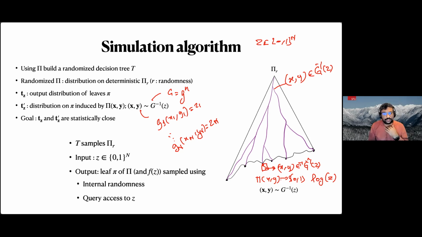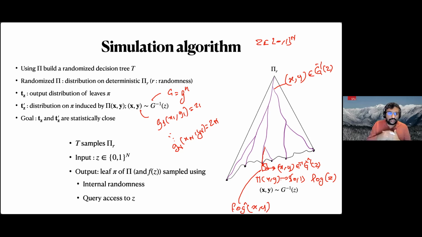If we were not doing the randomized lifting theorem, if we were doing a deterministic lifting theorem, then if we can find at least one path which is always supported by an xy from G inverse of z, and the leaf that we reach also contains such an xy, then we know the output of the protocol has to be f of z, because the output of the protocol is supposed to be f compose G^n of x, y, and G^n of x, y is z, so f of z should be the correct output.